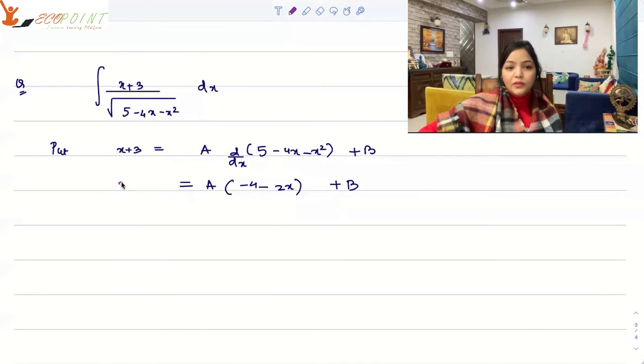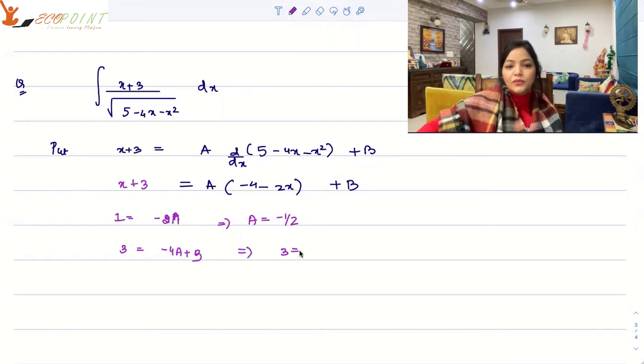So comparing the coefficients of like terms, 1 is equal to minus 2a, which implies that a is equal to minus half, and 3 is equal to the constant, minus 4a plus b.